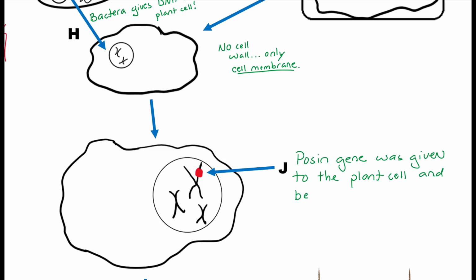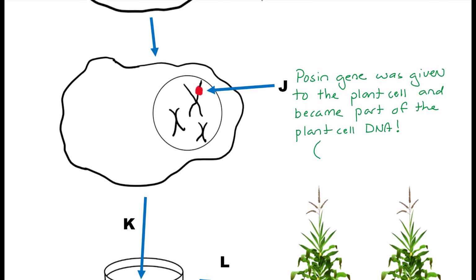This plant cell now has the capacity to make this protein that's a poison, and it kills specifically insects, because insects have specific cell receptors that are different from ours, so we won't be affected by this poison, but the insects will.